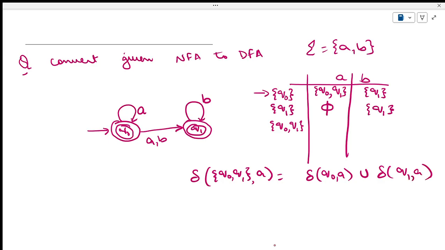Q0 on reading A is going to states Q0 and Q1, union with Q1 on reading A, which is phi, so I get {Q0, Q1} only. I will write this as Q0, Q1. Now repeat the process for symbol B.